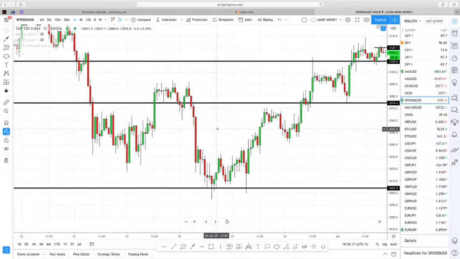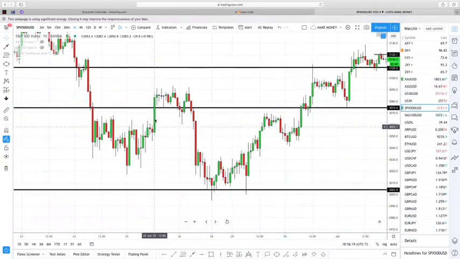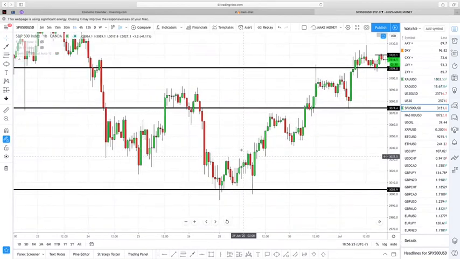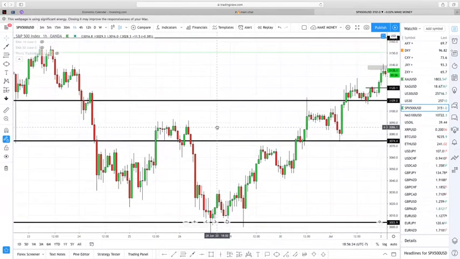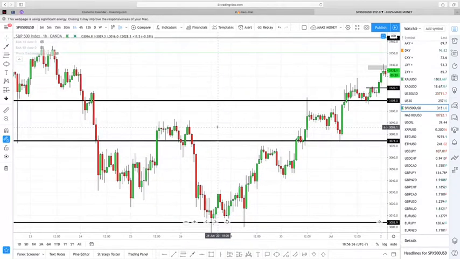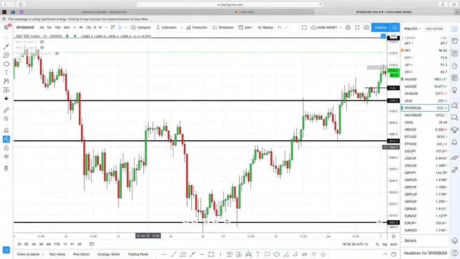After an impulse, usually, if there's not an immediate continuation after that impulse candle, then price will start either consolidating or slowly moving in one direction. So after these big candles, like right here, you can see that price was kind of stalling out, kind of undecided on where it wanted to go.